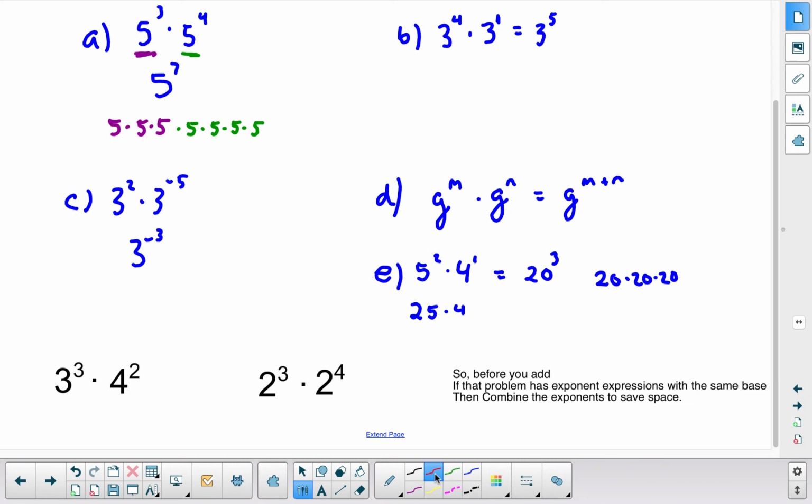So before you add, if that problem has exponent expressions with the same base, then combine the exponents to save space. Oh yeah.